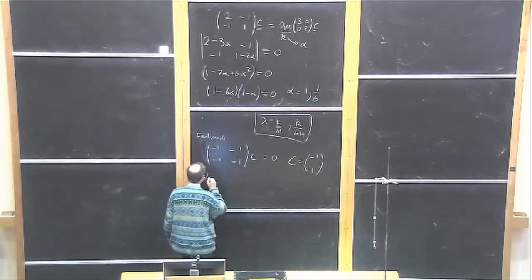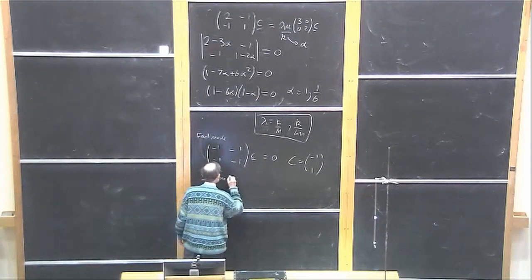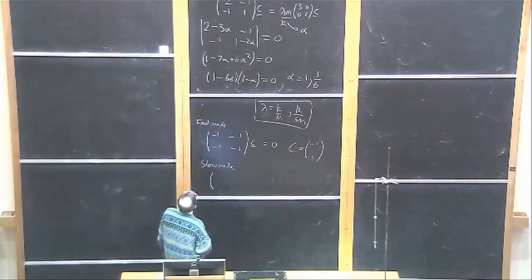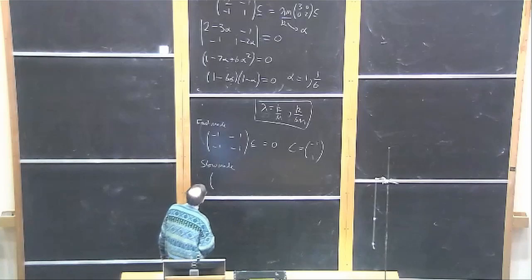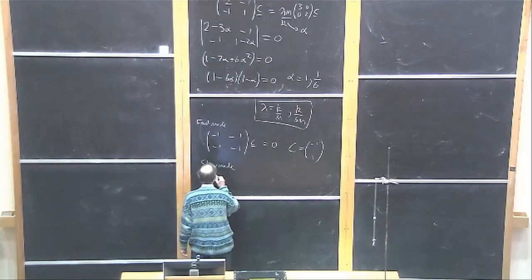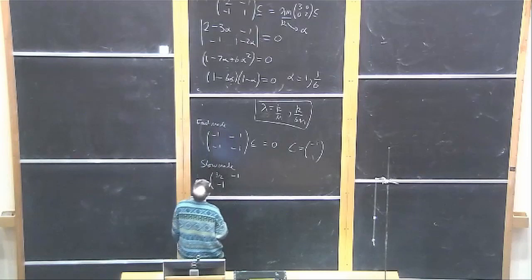And for the slow mode, we get 2 minus 3 alpha, with alpha 1/6, is 2 minus a half, which is 3 halves, minus 1, minus 1.